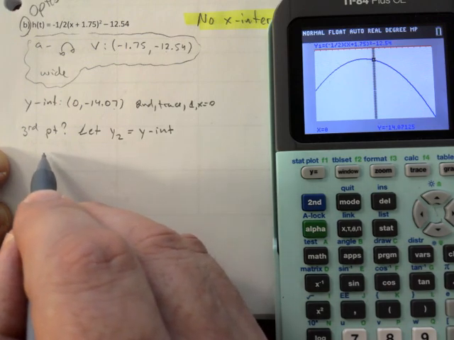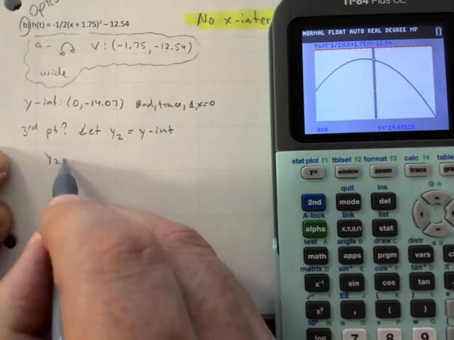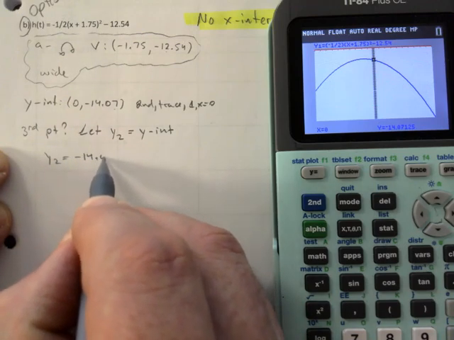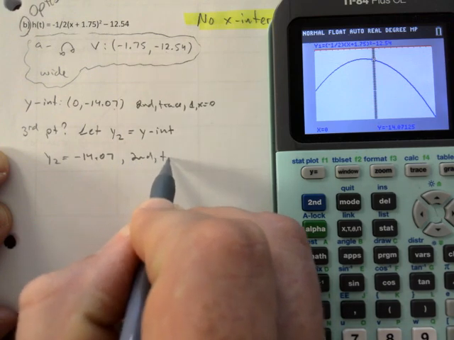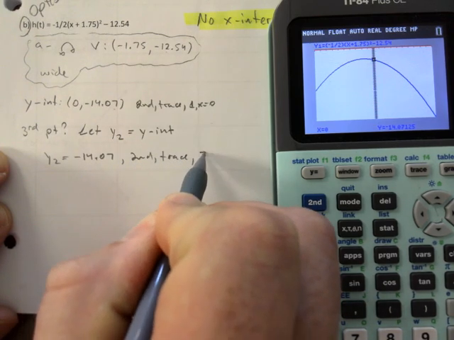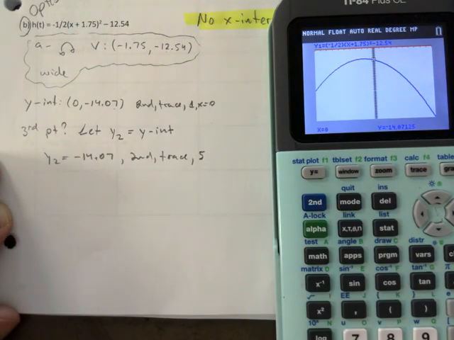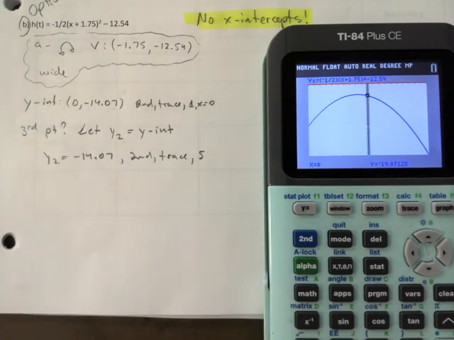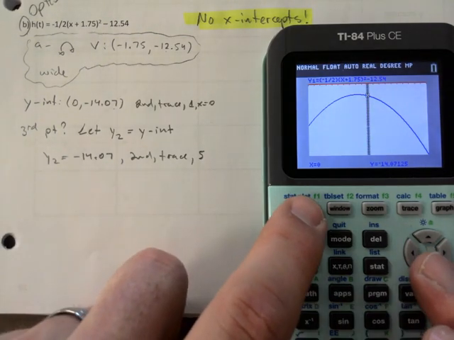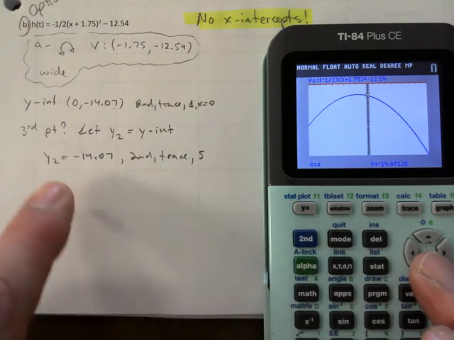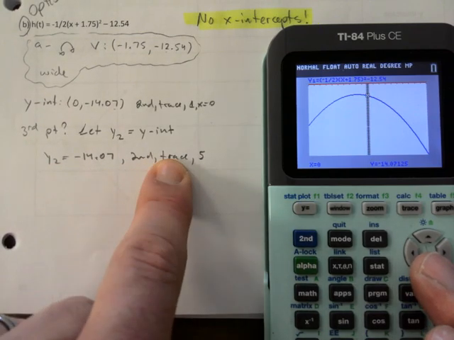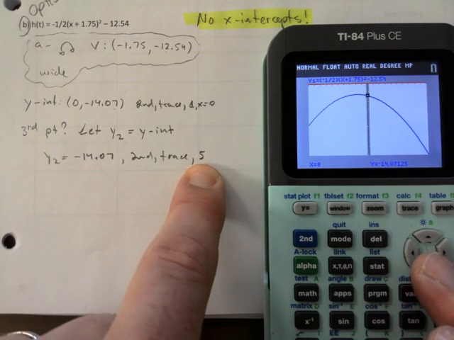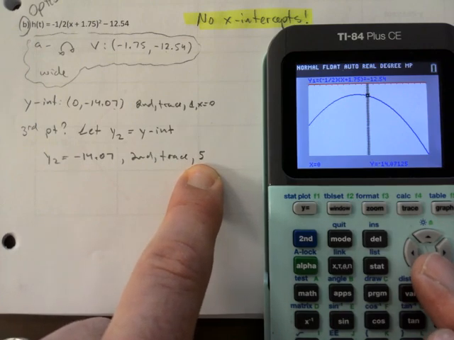So I'm going to say y2 is equal to negative 14.07, and then I'm going to go second trace, 5 for intersect. I don't know if my key showed you that, but I do change my strategy from time to time, okay? Let y2 equal negative 14.07, second trace 5. 5 stands for intersect. So let's go ahead and do that.